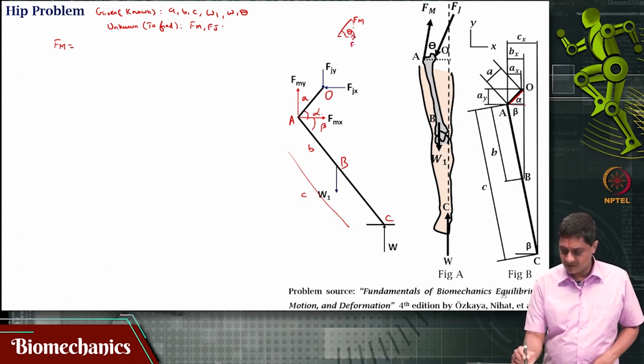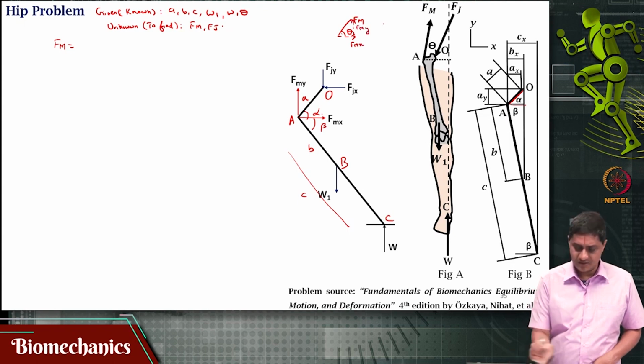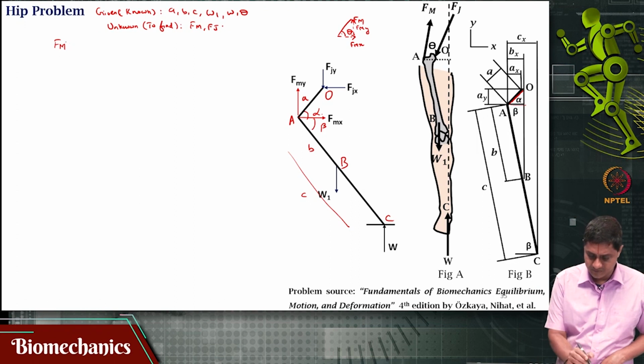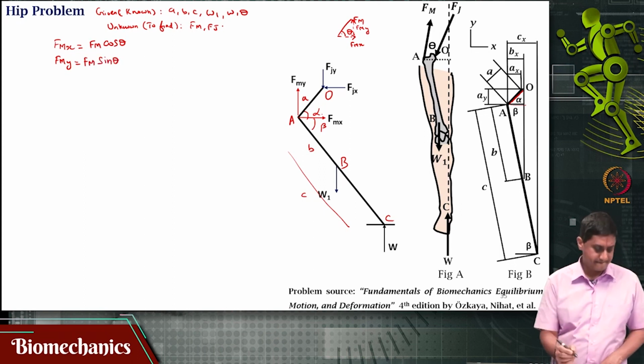This is Fmx and that is Fmy, and Fmx is then Fm cos theta and Fmy is Fm sin theta.